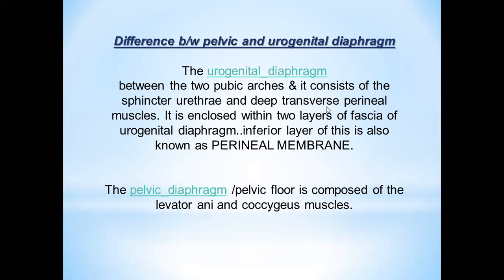It is enclosed within two layers of the fascia of the urogenital diaphragm, and the inferior layer of this is known as the perineal membrane. As I told you, this lower part is known as the perineal membrane. If this is the urogenital triangle, these both are the ischial tuberosities.